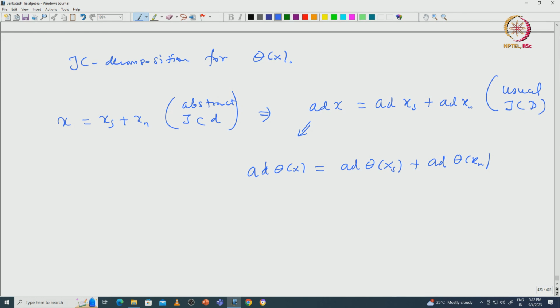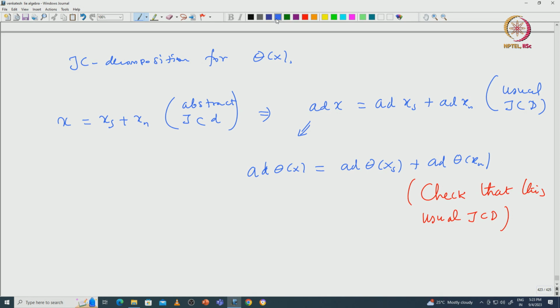Okay. So, now you can see that this is actually the usual Jordan decomposition of this add theta x. This is something I will leave it to you to check. So, check that this is the usual Jordan decomposition of add theta x.